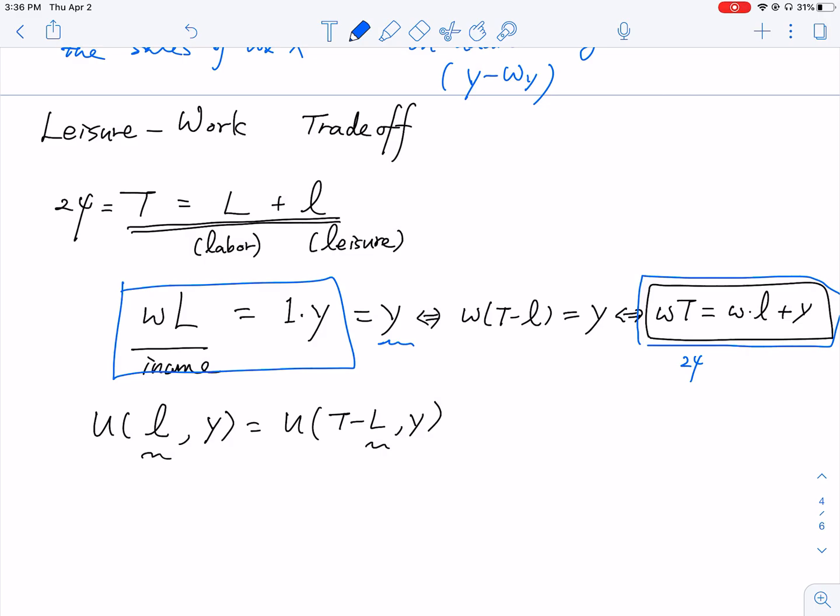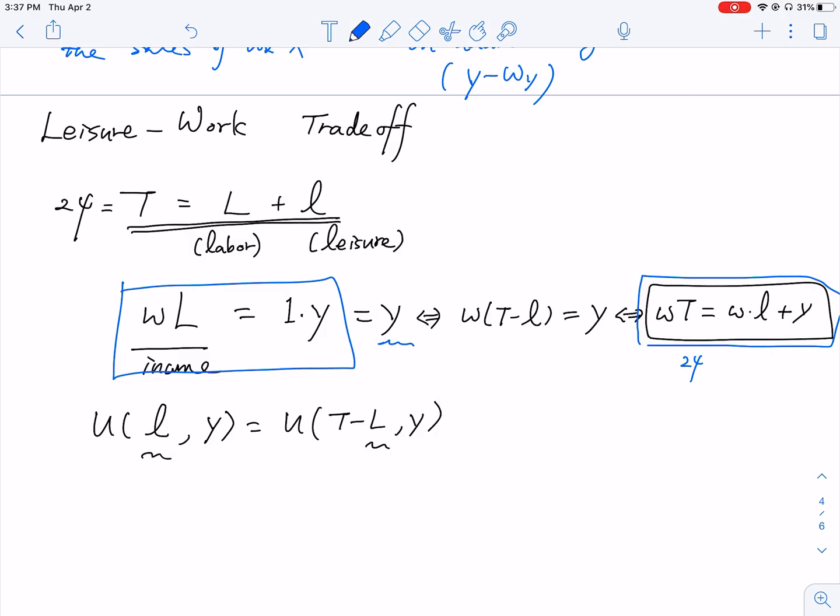If you take one more hour of leisure, that means you're giving up one hour's worth of the wage. So in that sense, W is the opportunity cost of leisure, because if you relax one more hour, you're losing W dollars, right?